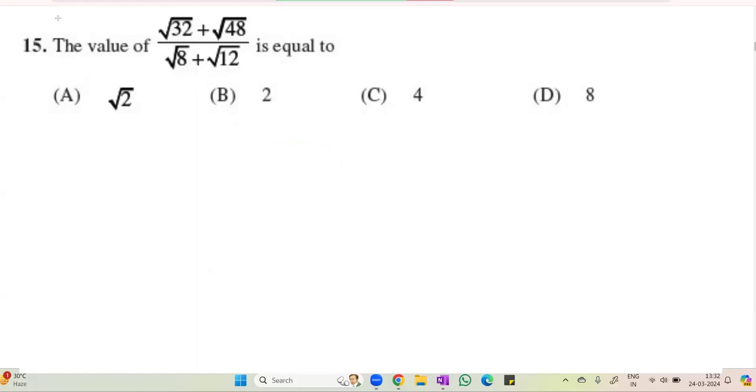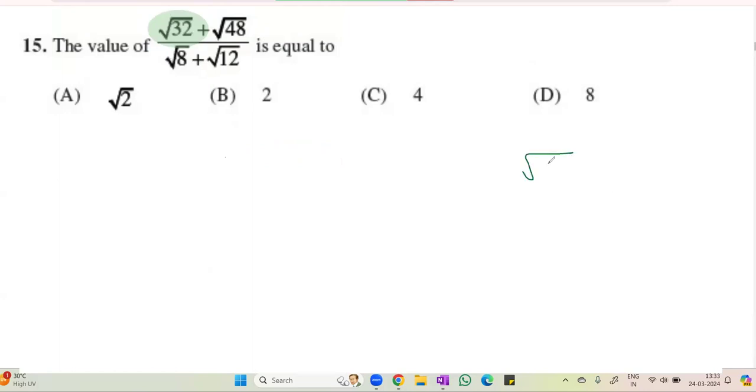Now in question number 15, it says find the value of this: root 32 plus root 48 over root 8 plus root 12. Now let's solve one by one. If I ask you in the reduced form, what do you write root 32 as?